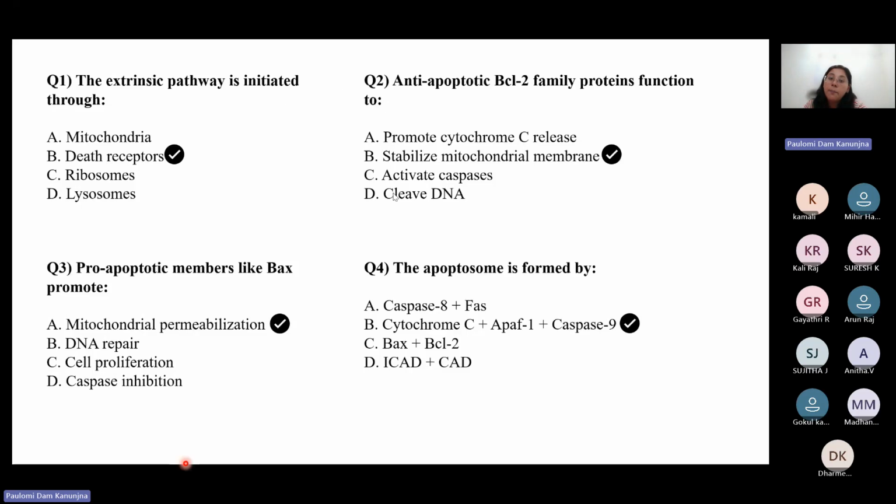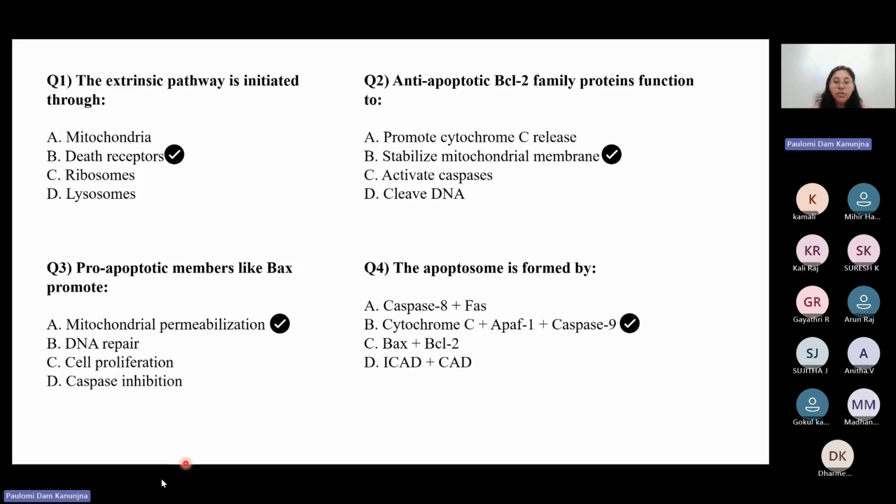Similarly, pro-apoptotic proteins like BAX promote mitochondrial permeabilization to form the holes that release the cytochrome C. And the last one here, the apoptosome, I have already shown in the slide. It is B: cytochrome C released from the mitochondria, APAF-1 protein, and caspase 9, which is activated and is the initiator caspase in the intrinsic pathway.